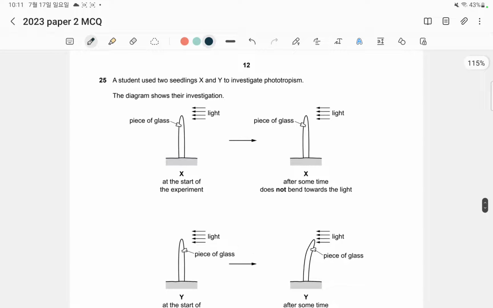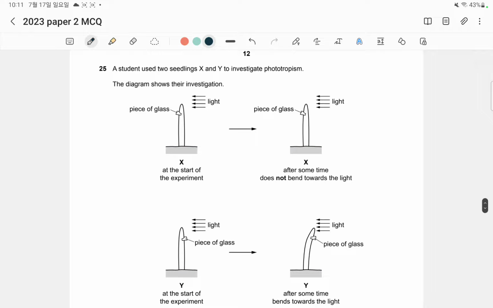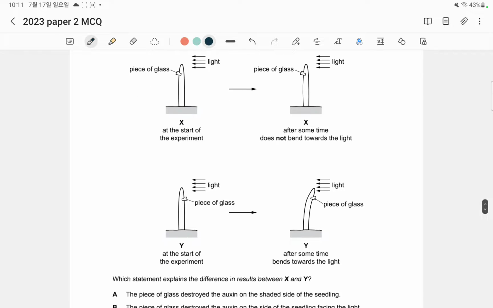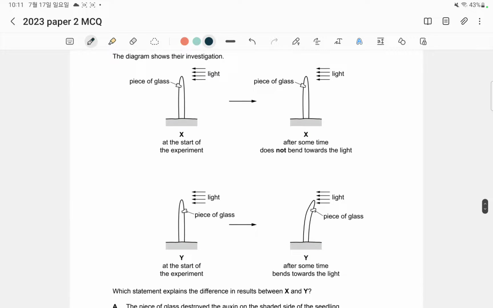So for phototropism, the auxin must diffuse to the opposite side of the light and it will promote elongation of the cell. Now, if there was a plant here and here was the source of light, the auxin would diffuse to the left side and elongate the left side so that the plant will eventually bend towards the light.